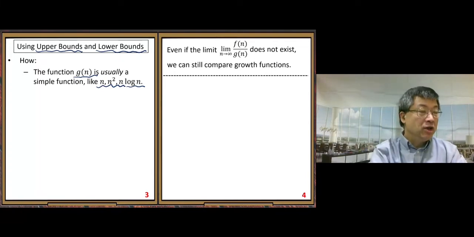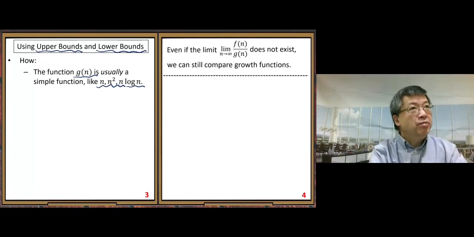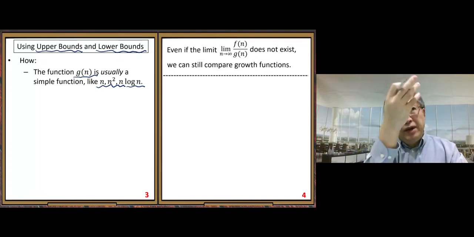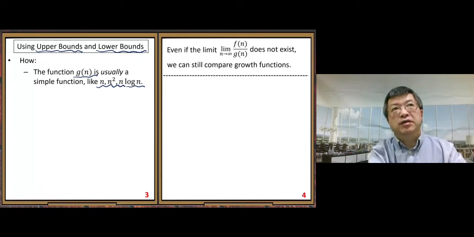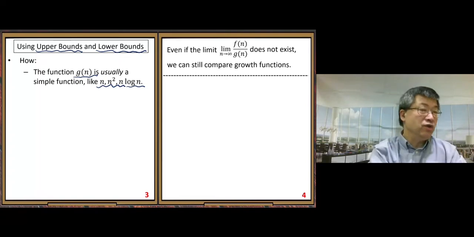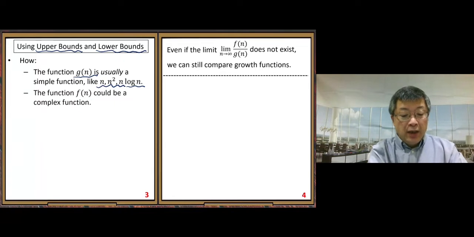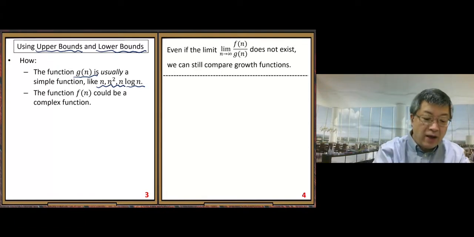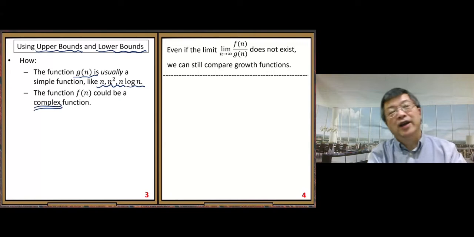We use relatively simple functions to describe relatively complicated functions. That's the reason we use this way. So f of n could be complex or complicated.